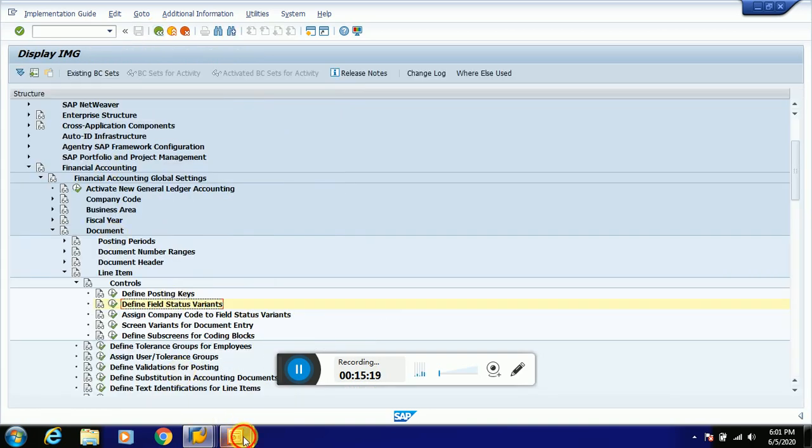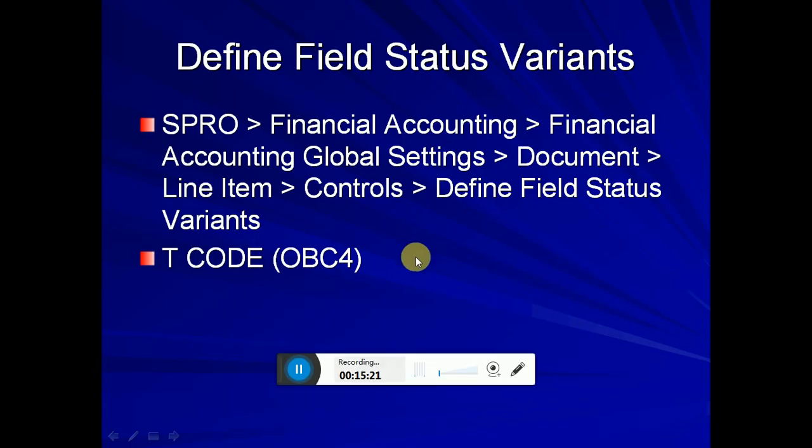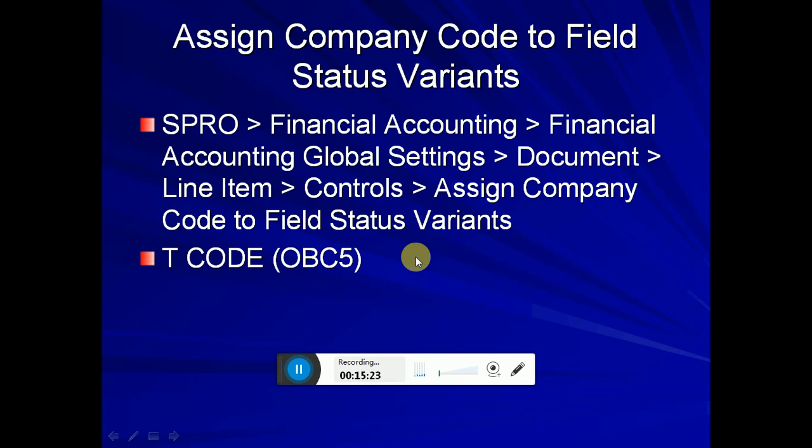Now the last point is assign company code to field status variant. The navigation is financial accounting, global settings, document, line item, control, assign company code to field status variant. The path is the same, only we need to select the option assign company code to field status variant.